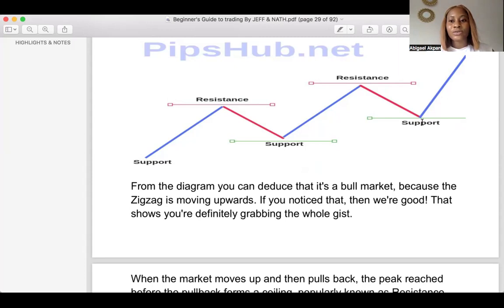And then this is another support here. So this respected the law of a bullish trend, an uptrend. Continuous higher highs and higher lows make it a bullish trend.